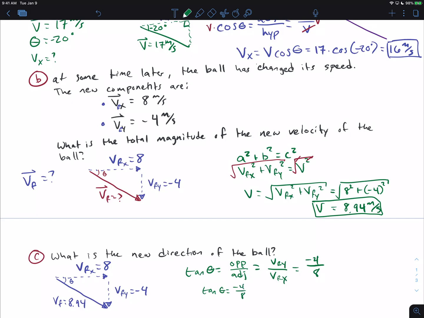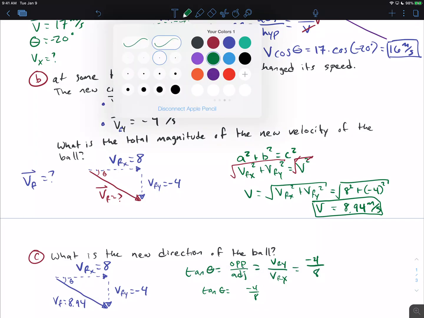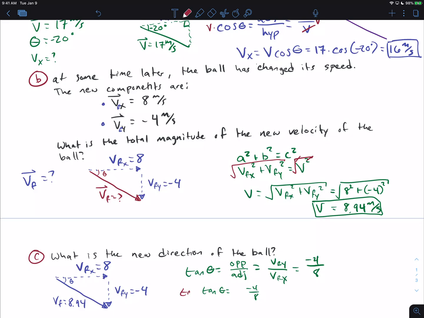That's good that I have this, but I need theta by itself. Remember, it can't be attached to this little tangent. So what I need to do, okay, kind of move this over just a little bit. You'll see why I'm going to move this over in a bit. But I need the theta by itself. So what I'm going to do is tangent inverse of both sides.